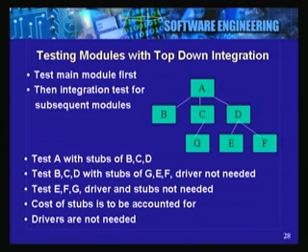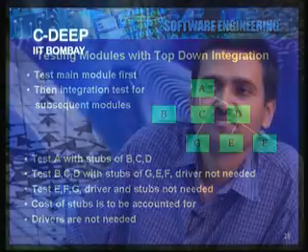So you can test B, C, D with stubs of G, E and F, and drivers are not needed to test B, C, D because A was ready before B, C, D. A itself is a driver for B, C, D. When the actual code that makes calls on B, C, D is ready, you don't need drivers for B, C, D. Similarly, when you want to test G, E, F, you don't need any stub and you also don't need drivers, because actual modules of C and D are ready before G, E and F. So when you test with top down integration, you have to look into the cost of stubs.